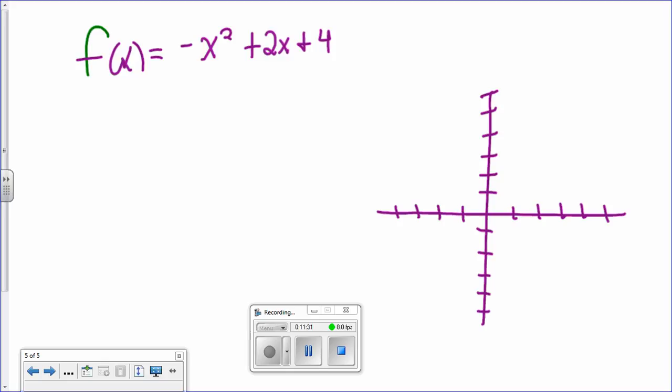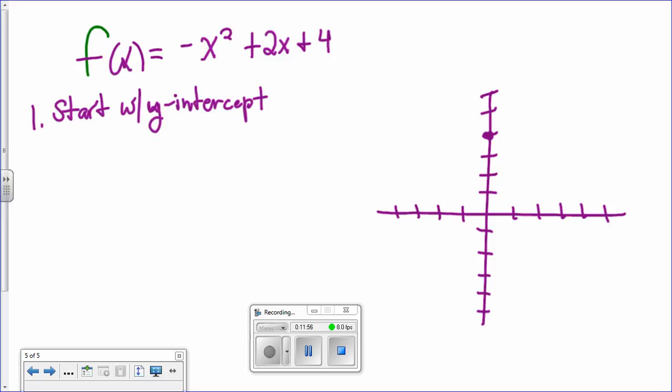So I always start with my y-intercept. 4. You write some steps down. Start with y-intercept. And let's say you had like plus 4 minus 2, that would be 2.